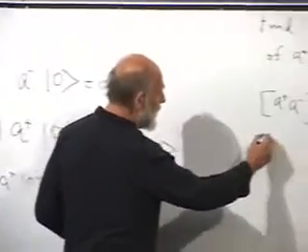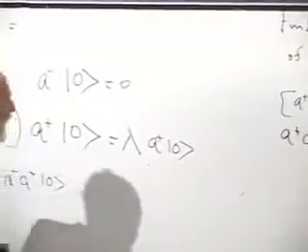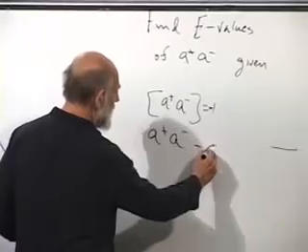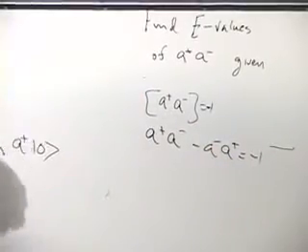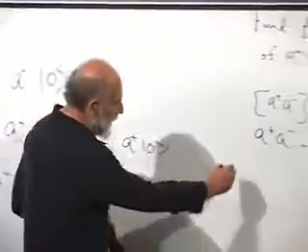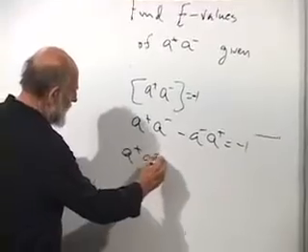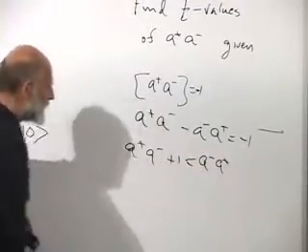But what I can do is say that A minus A plus, minus A plus A minus, is equal to 1. So let's rewrite it: A plus A minus plus 1 is equal to A minus A plus.